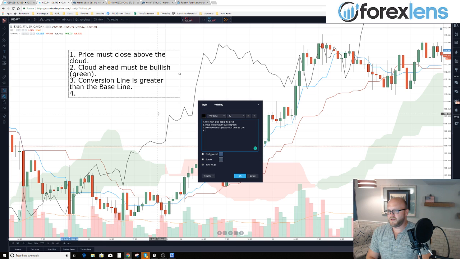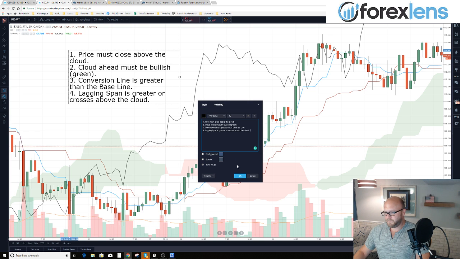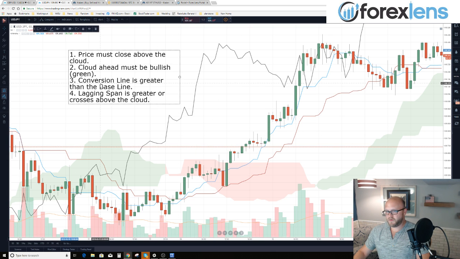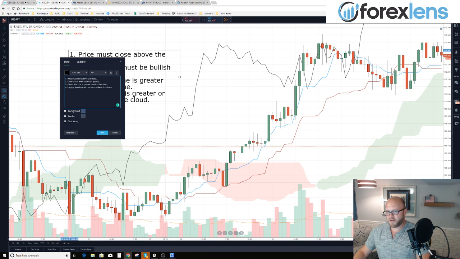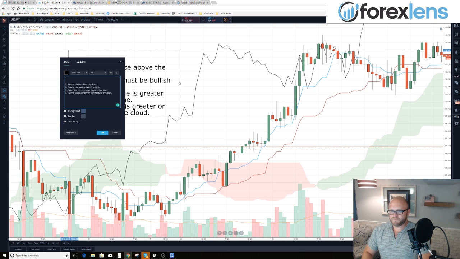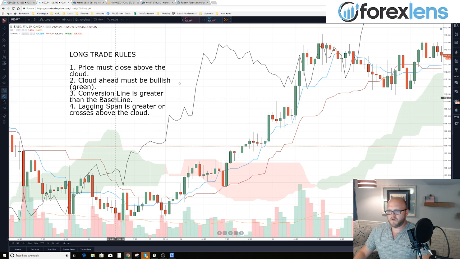And fourth is that the lagging span is greater or crosses above the cloud. Okay, so those are our rules for going long. Rules for going long. Price must be above the cloud.